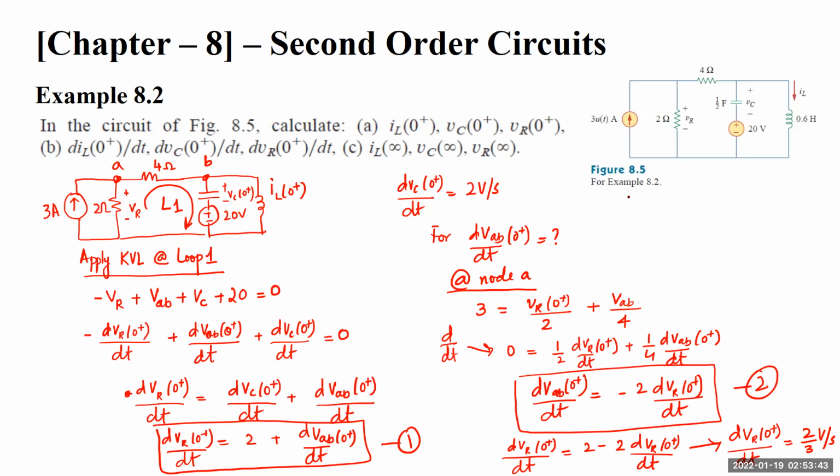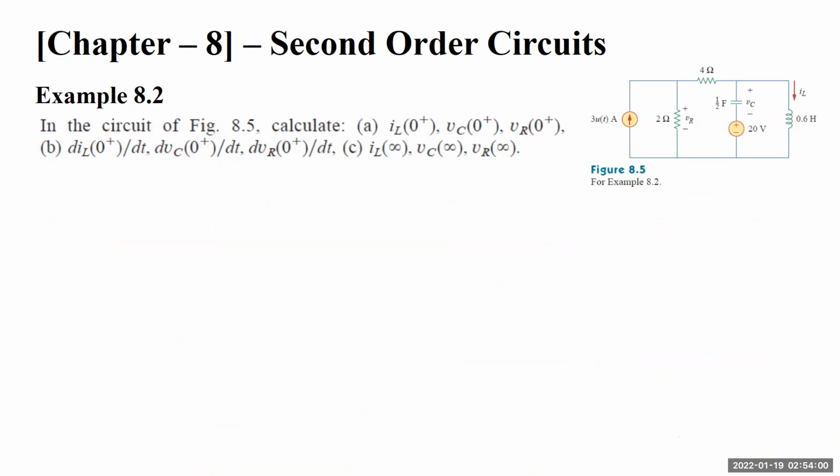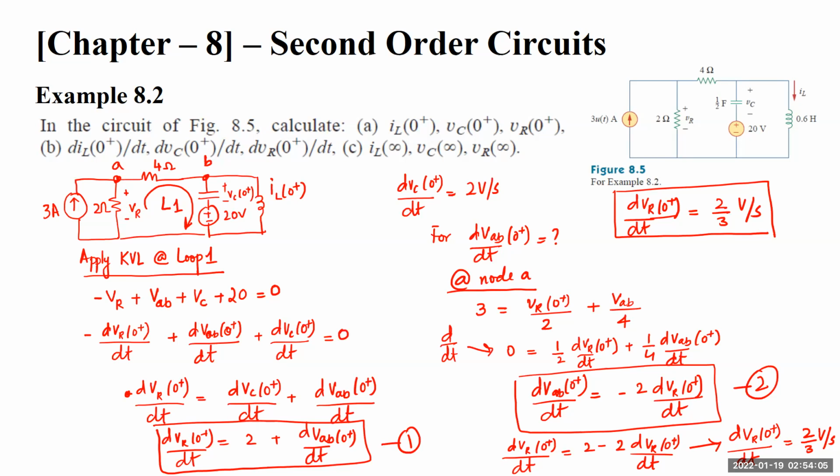So our third case, the rate of change of voltage with respect to time comes out to be 2 by 3 volts per second. So this is what we get as our third value.